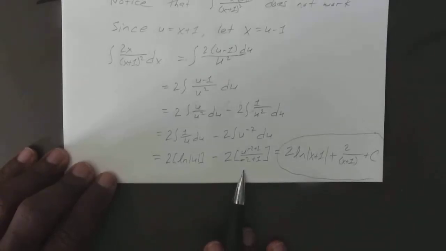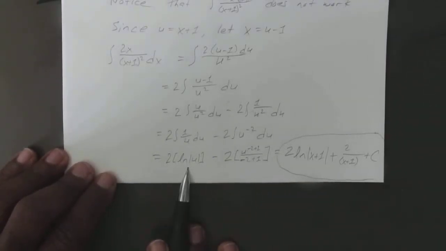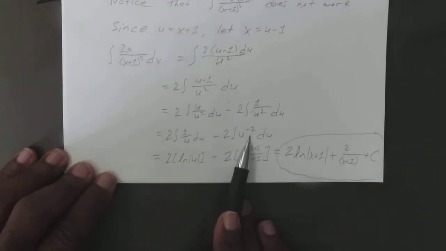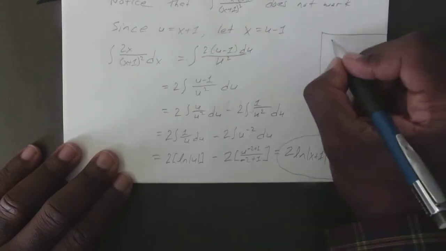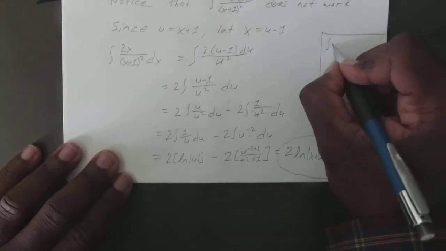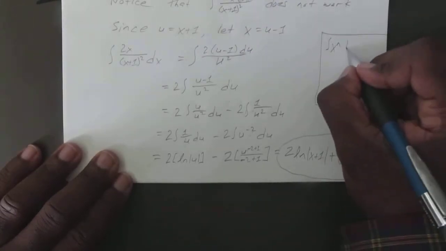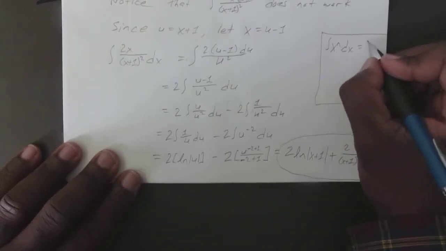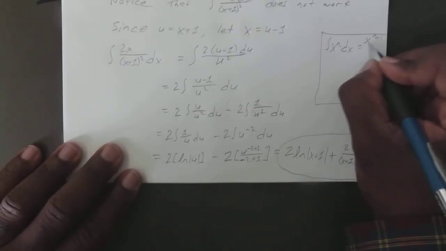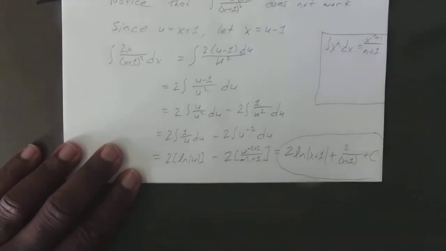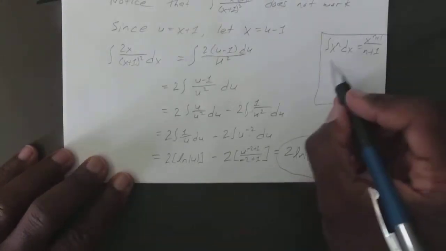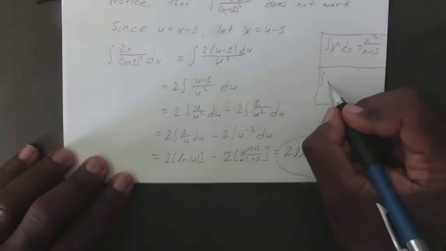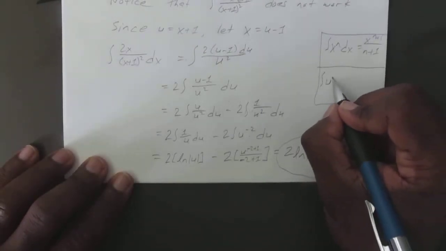Okay, so I got the same thing, but what was your process with the transferring from the last step? For the second term? Oh, you mean for this step? That's just the integral of x to the n dx, which is going to be x to the n plus 1 over n plus 1. So it's the same thing with u.